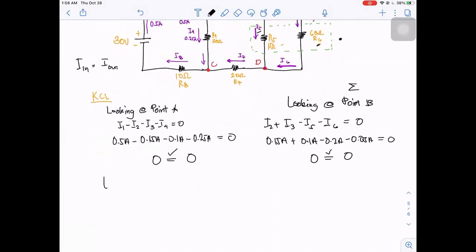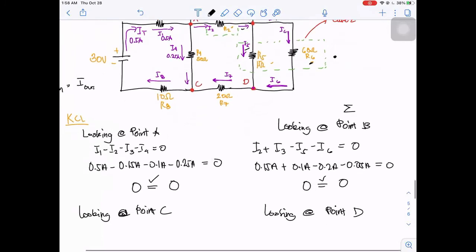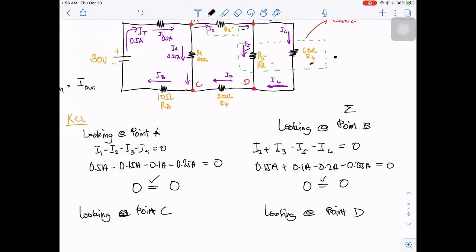Looking at point C, and also looking at point D. So let's look first at point D. In point D, we have I6 and I5 entering the point.